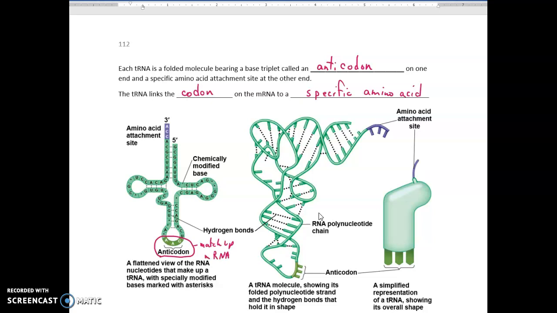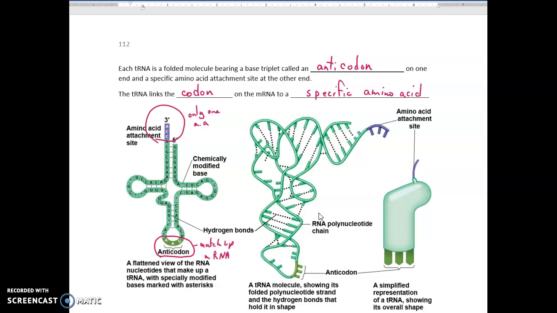The other important part is this amino acid attachment point. This will have only one type per tRNA amino acid, and it will match the anticodon, so that this is what actually does the translation.